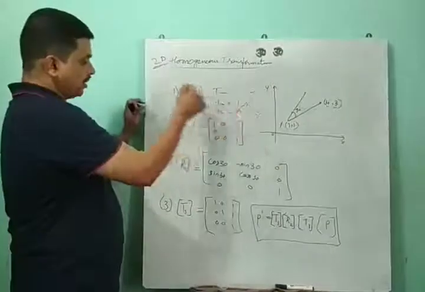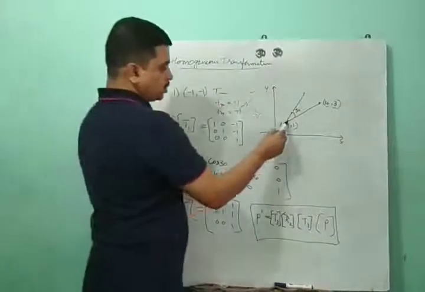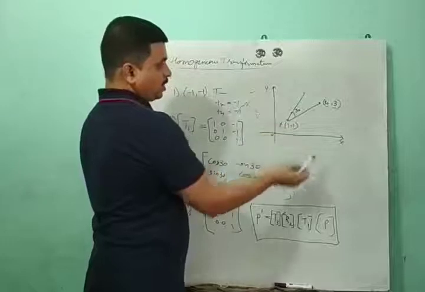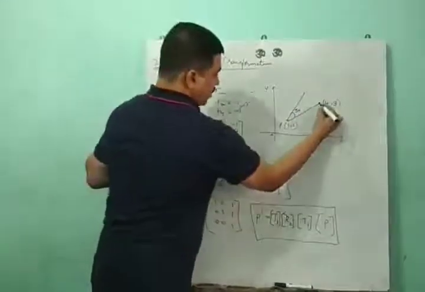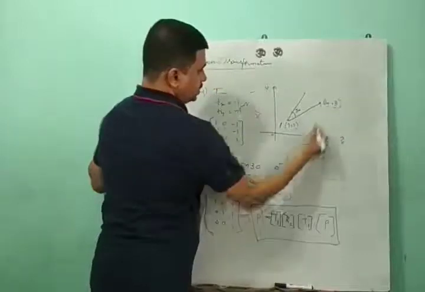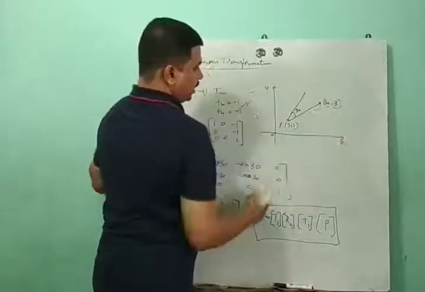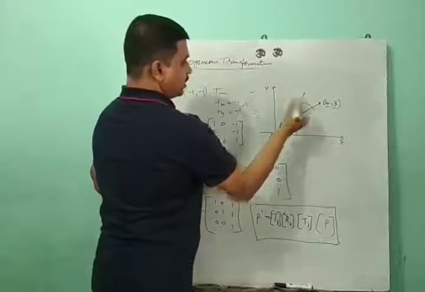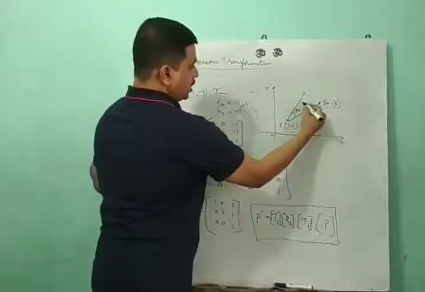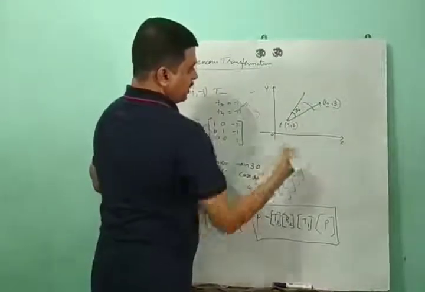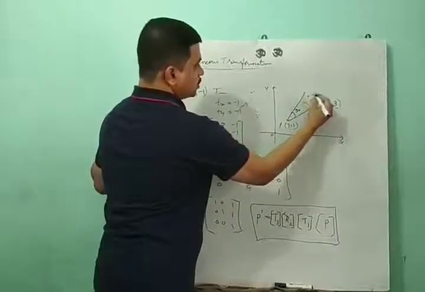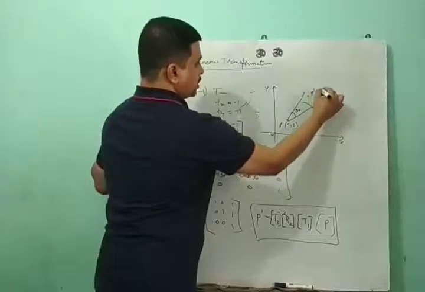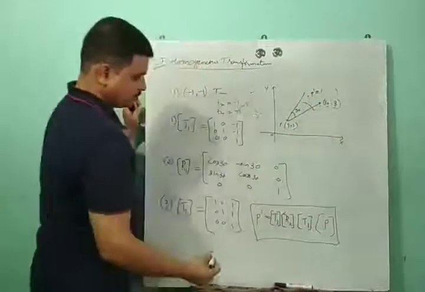So you have to determine the sequence to rotate about the given point (1, 1). We have to shift this point first by -1 in x and -1 in y. Then you rotate by 30 degrees. Then you translate by 1 in x and 1 in y, and this gives the final point P dash as the resultant.